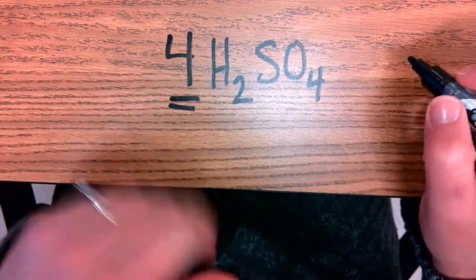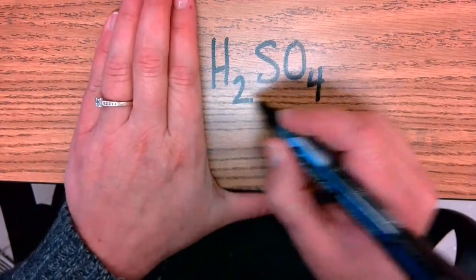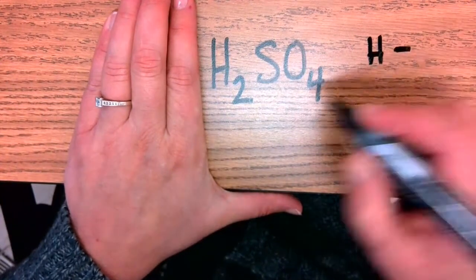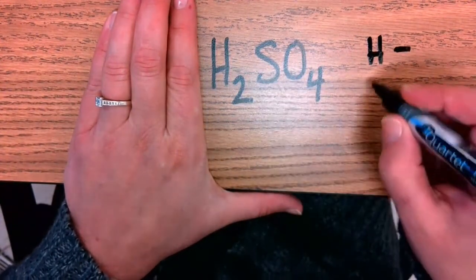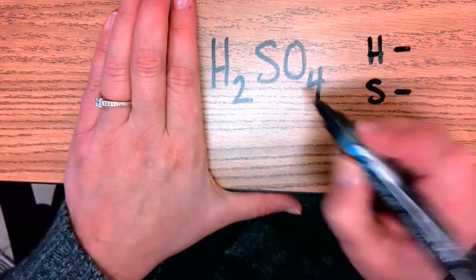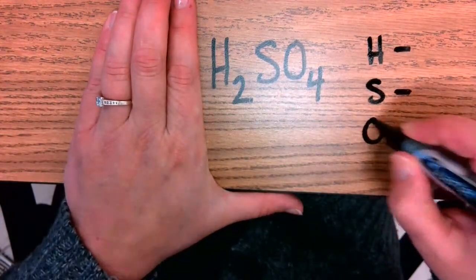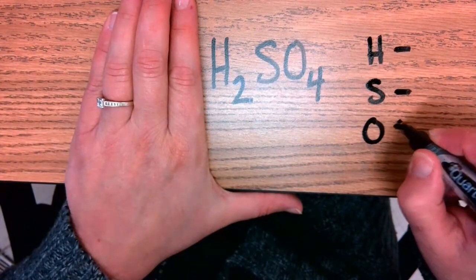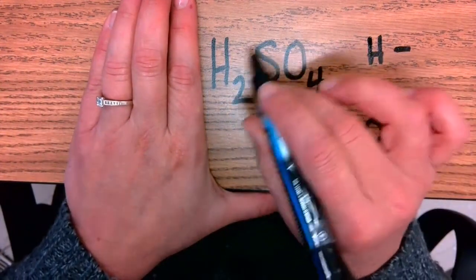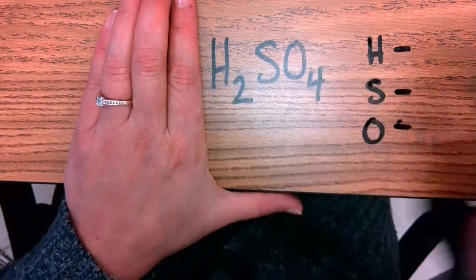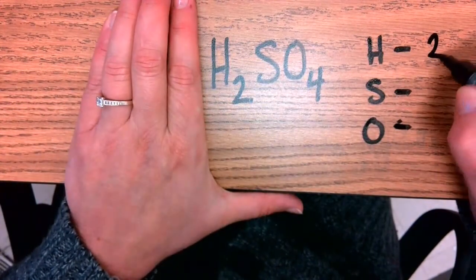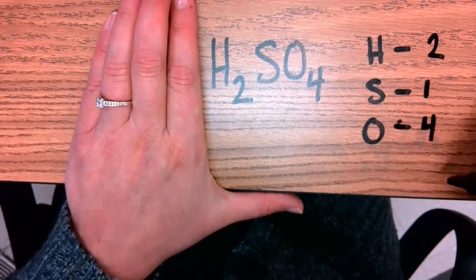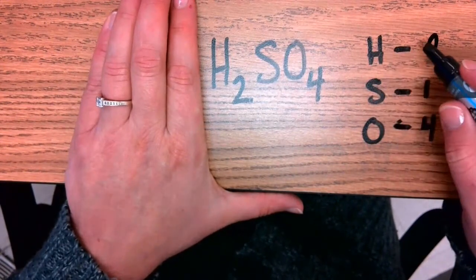So I can tell that if I was looking just at one molecule, I have hydrogen, I have sulfur, and I have oxygen. If I was looking at just this one molecule, I would have 2 hydrogens, 1 sulfur, and 4 oxygens. That's just in one molecule.